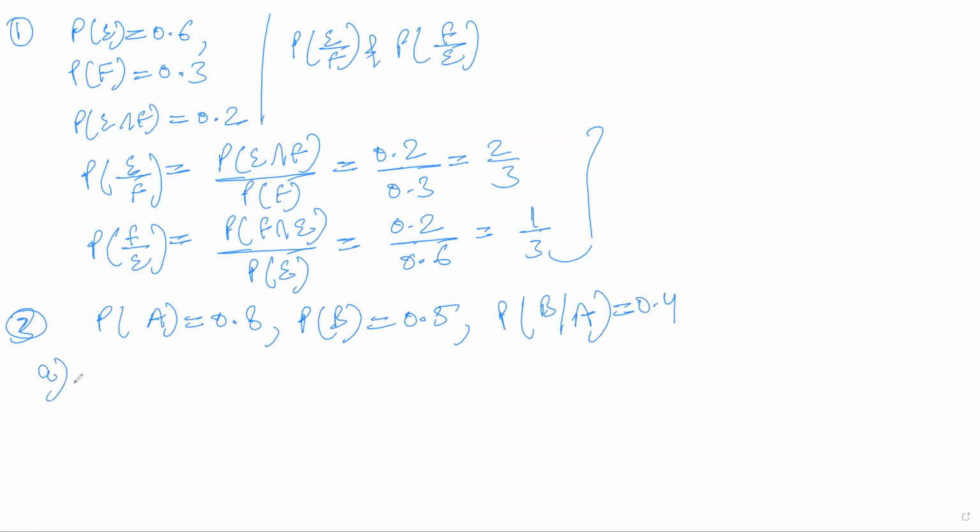You need to find first of all probability of A intersection B. Fatima, can you tell me which formula should we use? Probability of B when A has happened is given to you.